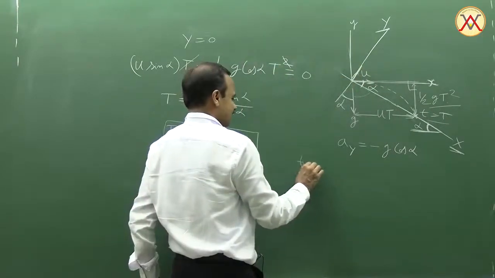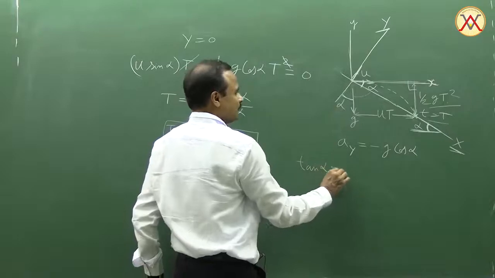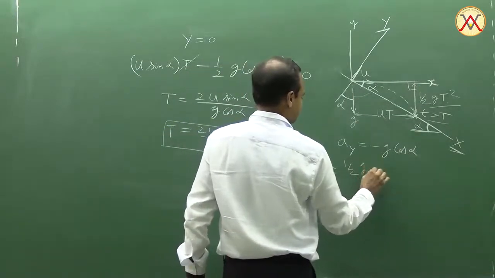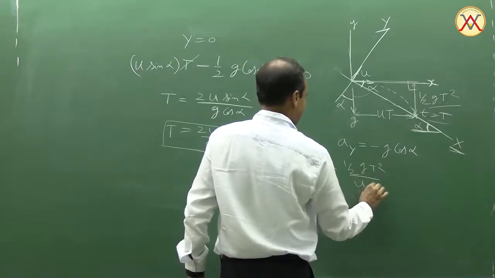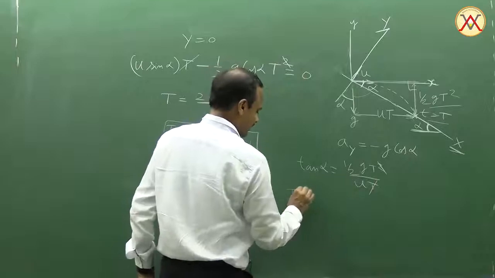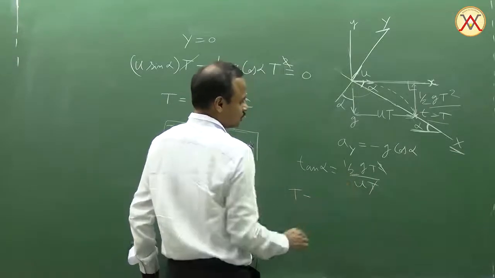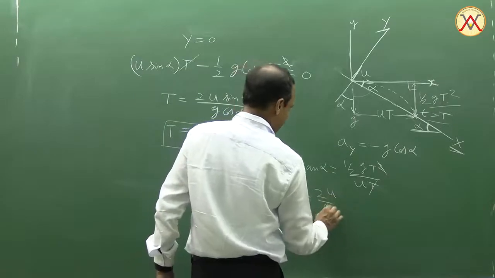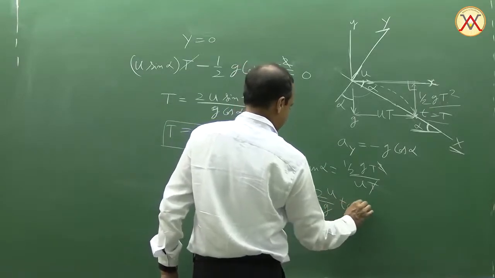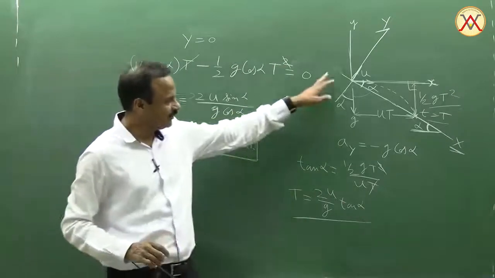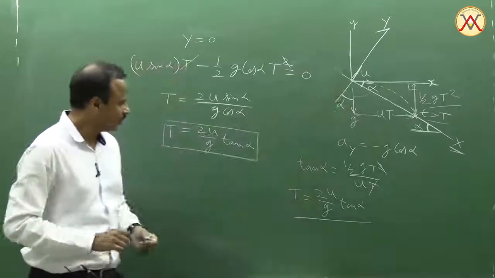So tan alpha equals half gT square divided by uT. One of the T cancels and we get T equal to 2u by g tan alpha. The same result as we got using our capital X, capital Y coordinate system.